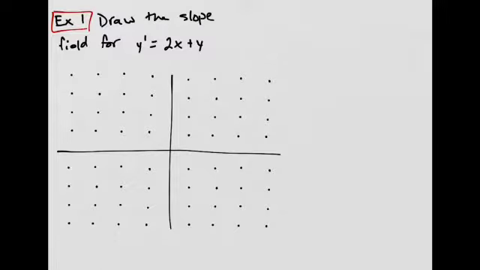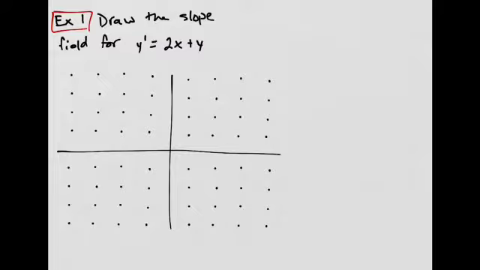So here we go. Draw the slope field for this differential equation. The derivative equals 2x plus y. What I did last time I taught this, I just plotted and plugged stuff in in my head, and that was giving a lot of people trouble. So if you want to, you can write it out.